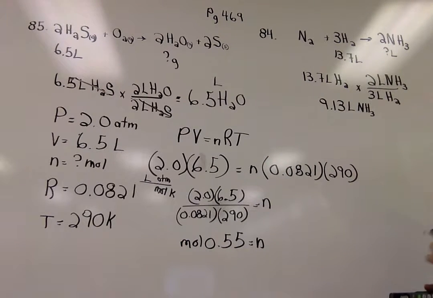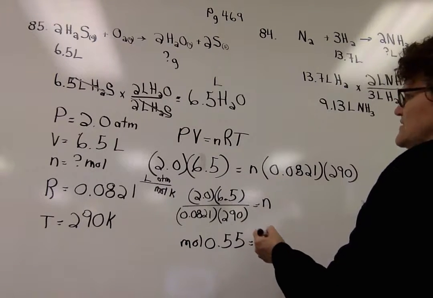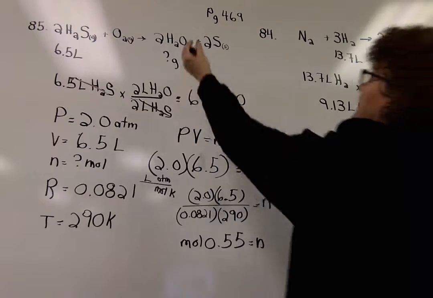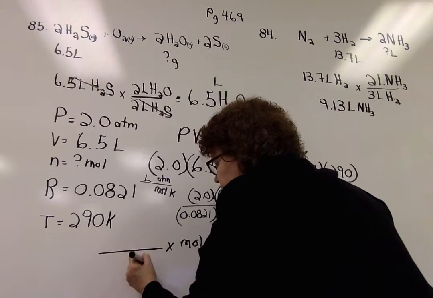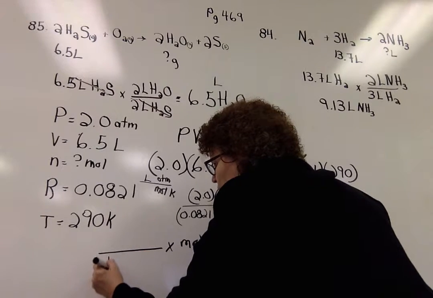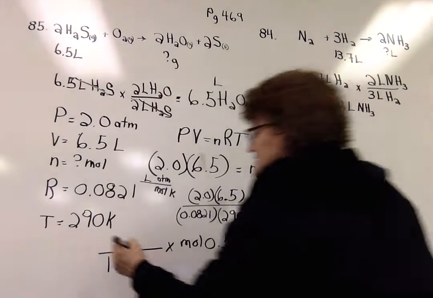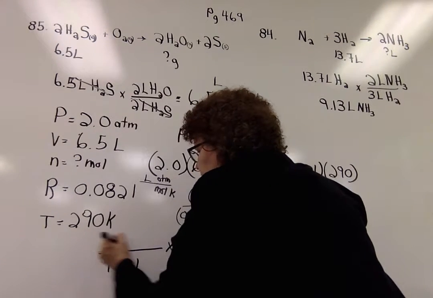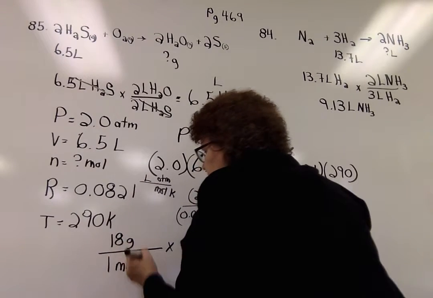And then we're going to take that and convert that to grams. Now what are we talking about here? Let's go back and look. That was about water. So now we're going to say that 1 mole of water has a mass of 18 grams per mole.